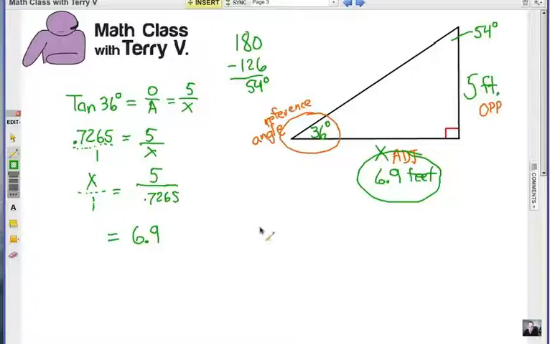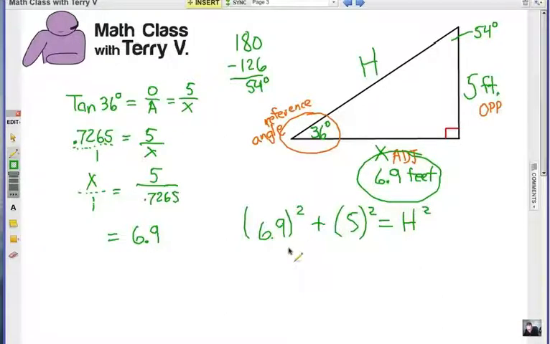All right, let's go ahead and do the Pythagorean Theorem. So you remember that we have 1 leg squared plus the other leg squared equals the hypotenuse squared. I'll go ahead and call it h so I don't confuse it with my earlier x that I was using. All right, go ahead and multiply those out and solve.